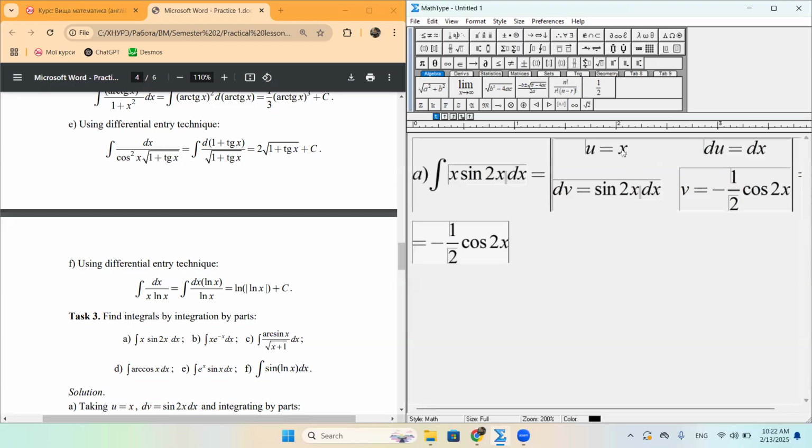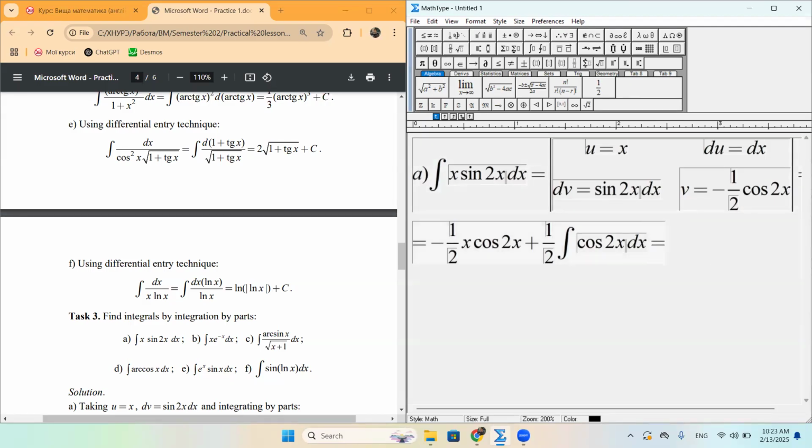First of all we multiply u and v, and then minus the integral of v du. We will have plus because of the minus here. Let's move 1/2 out of the integral: cosine of 2x, so v is done. And du equals just dx.